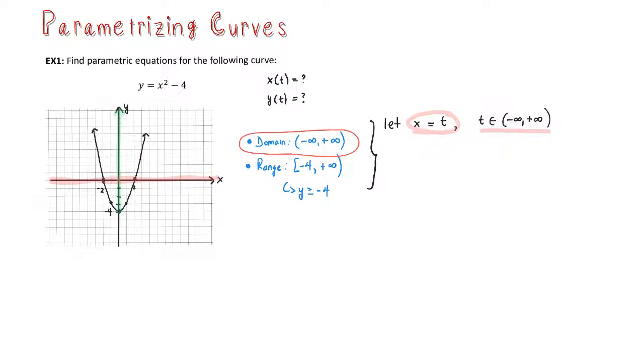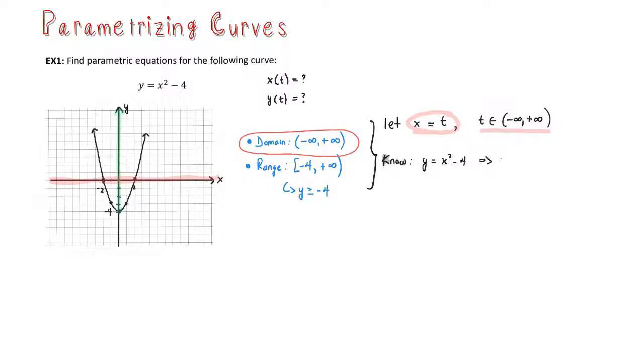Then how do we get the y component? Well, we know that y is equal to x squared minus 4. That means that to get the y component, all that I have to do is a substitution of t. If y is equal to x squared minus 4 and x is equal to t, I can substitute t in place of x.